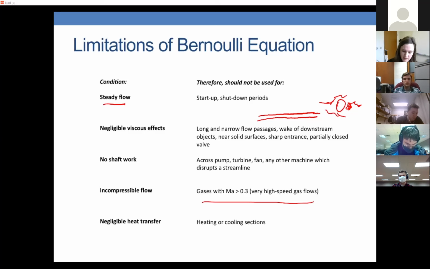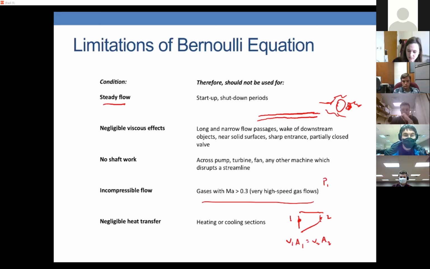let's talk about this right now. So in incompressible flow, we have point 1, point 2. We know that V1 A1 is equal to V2 A2. Okay. So P1 over rho plus 1/2 V1 squared plus gZ1 is equal to P2 over rho plus 1/2 V2 squared plus gZ2.